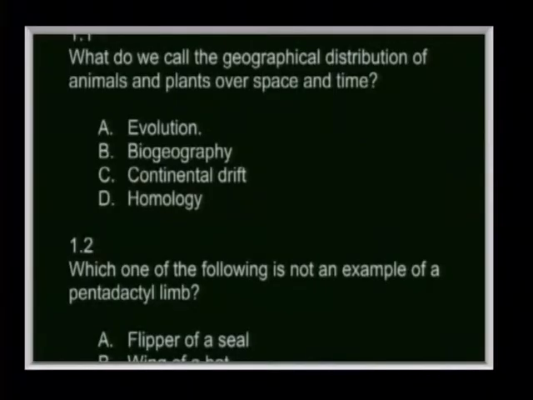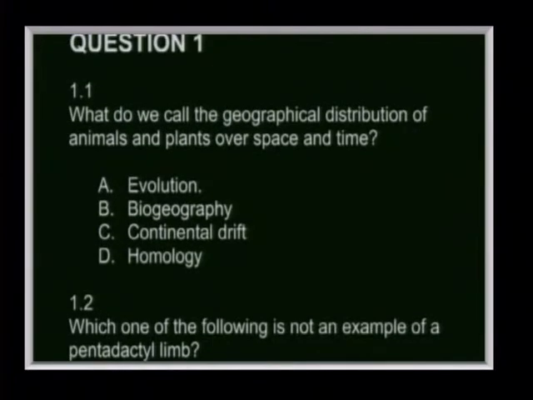I have some multiple choice questions, so let's just go through them. Starting off with question 1.1. The question asks, what do we call the geographical distribution of plants and animals over space and time?